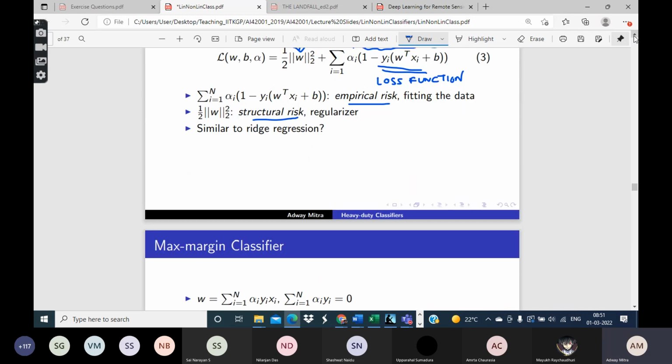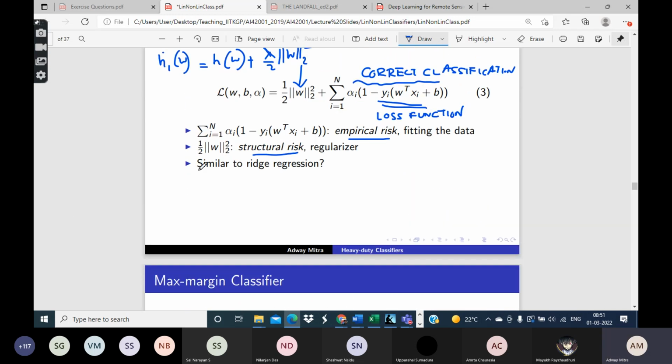So here, in this term, what I have is the L2 norm of W squared. That is equal to W transpose W. And I have already found that W is equal to the summation of alpha I yi xi.